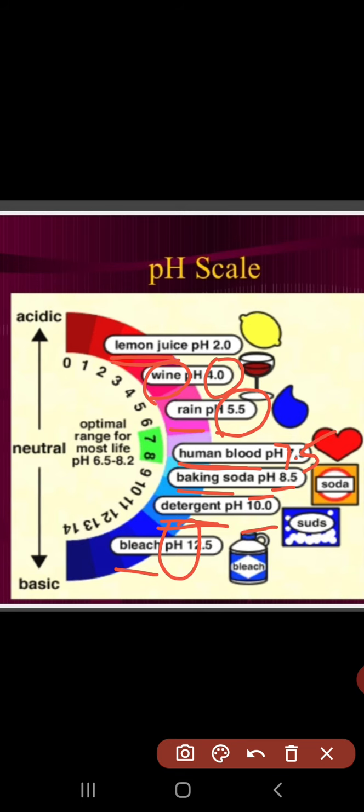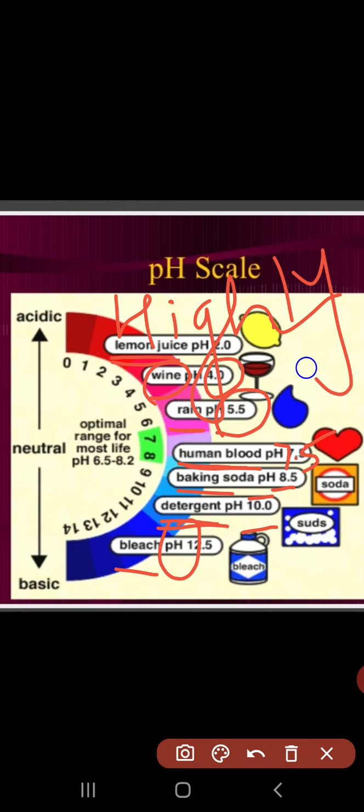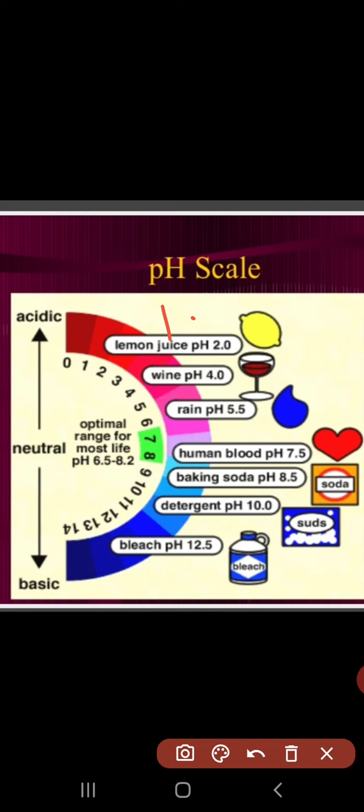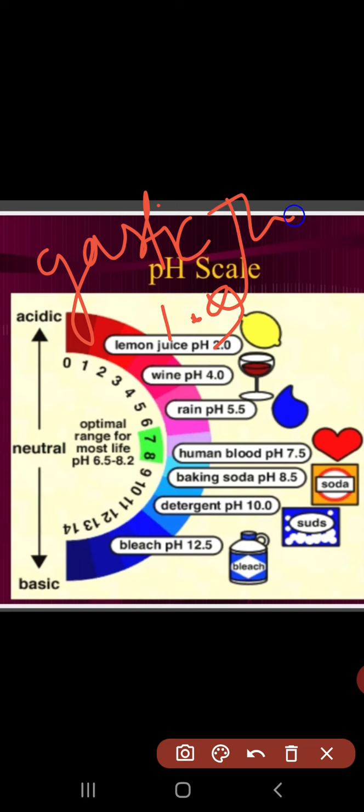The pH of lemon juice is 2, highly acidic. And the pH of gastric juice is 1.9.